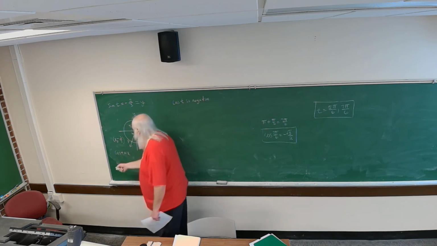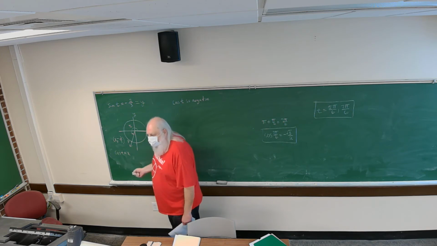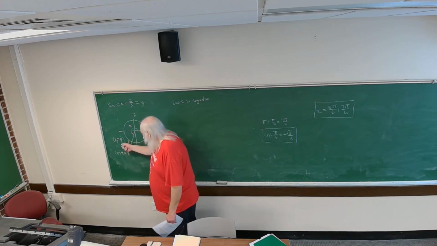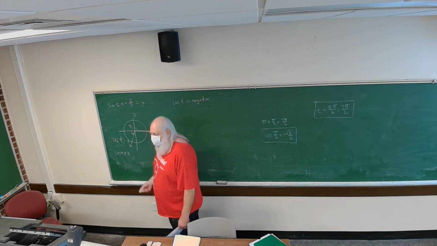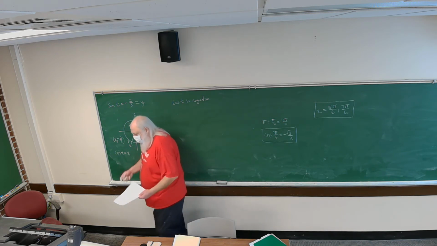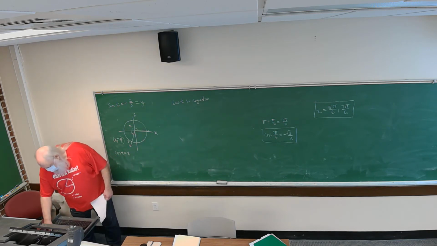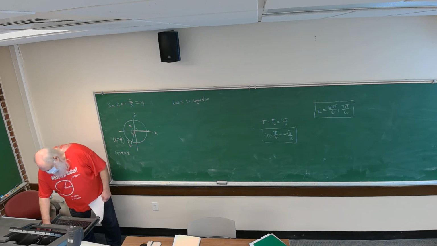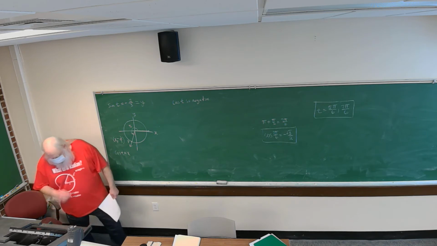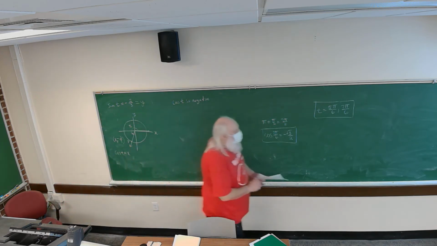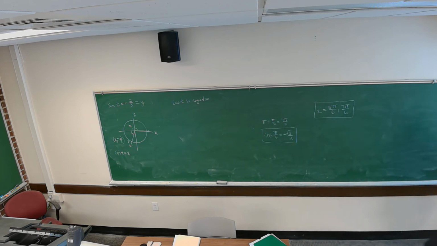Well, there's no special angle that has a sine value of minus 2/3. How are we going to find cosine t? Well, if you go all the way back to the bottom of page 1 of your note packet, we noted that cosine t squared plus sine t squared is equal to 1 for any value of t.